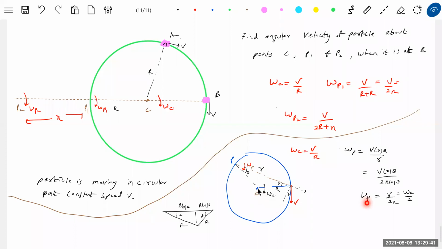What is point P? Point P is on the circumference. What is omega c? Angular velocity about its center. Then what is the angular velocity about any point on the circumference? It will be half of it.